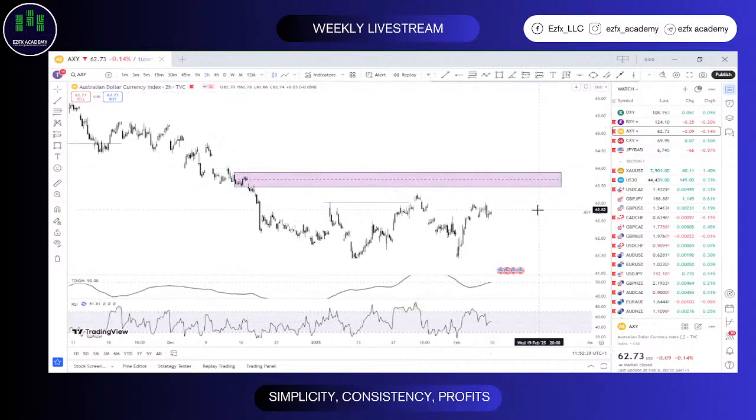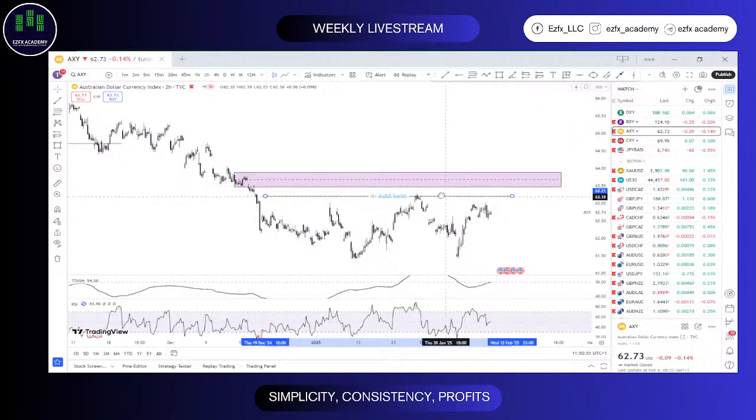For me, there is a substantial enough pool of liquidity resting around here. Let me just draw that up quickly. We have some liquidity resting around this high here, which ultimately I'm still expecting price to come and take out, and then we get to see a sell from here.